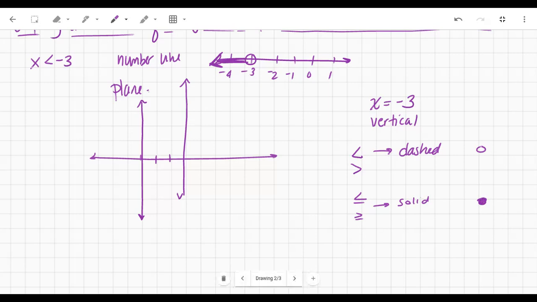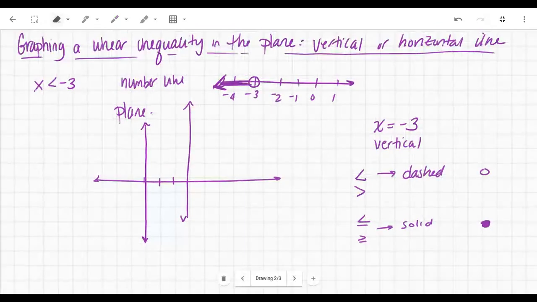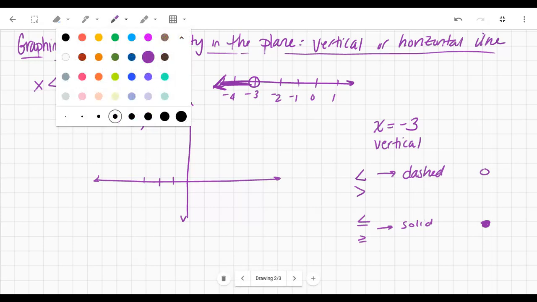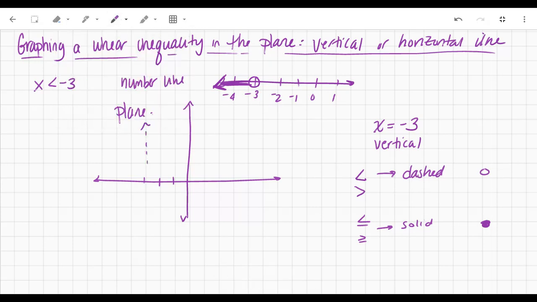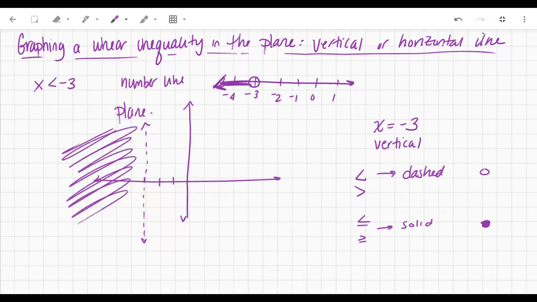So what we actually want to do here is have a dashed line at x equals -3. And then just like on a number line, we shade to the left. We still want the values to the left there. It's a half plane that we shade in, so any point in there has an x value of less than -3.